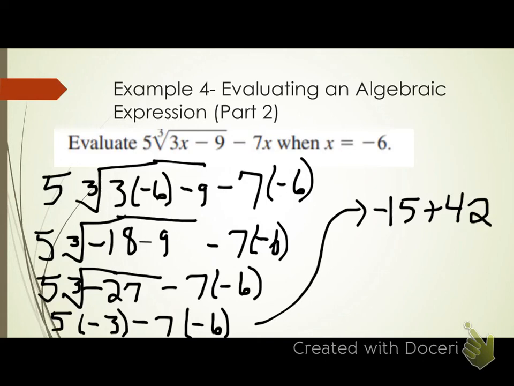And negative 15 plus 42? 27. How? Okay, so they have opposite signs, correct? So we subtract them. So 42 minus 15, 27. Keep the sign of the bigger number.